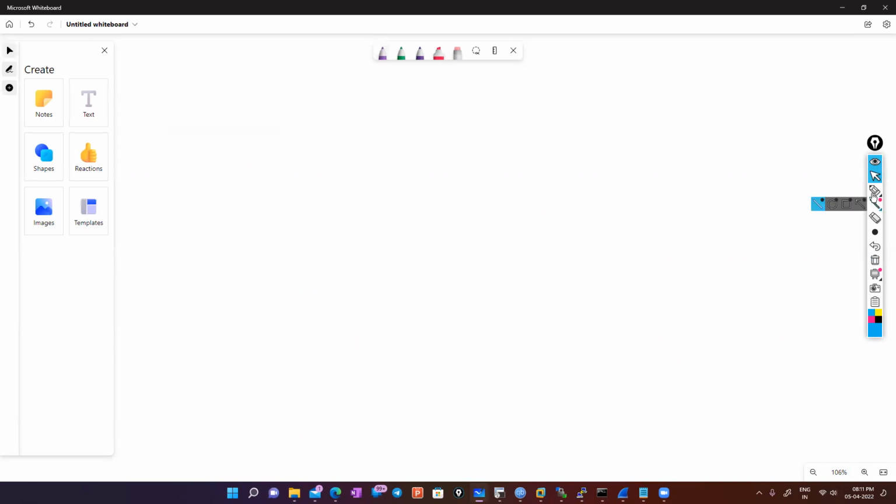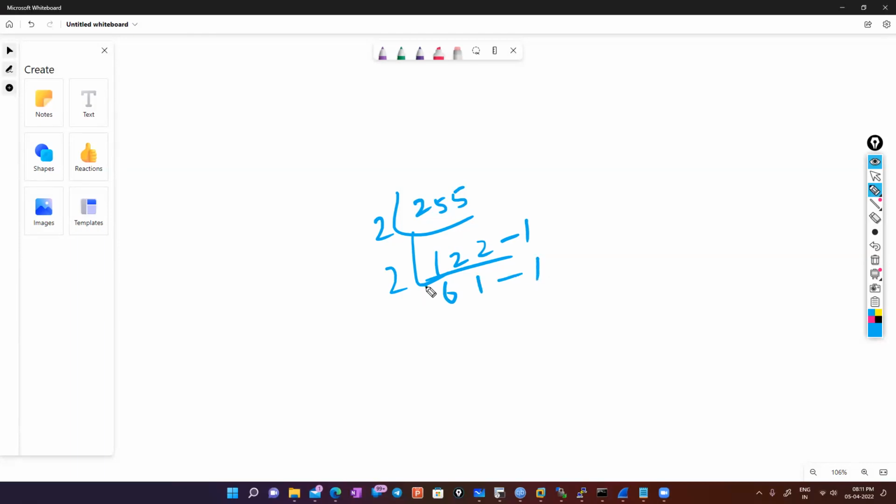Let me take 255. As I told you, you have to divide this by 2, remainder 1.